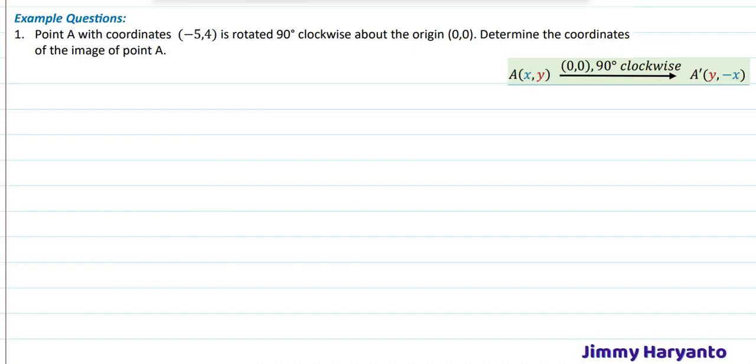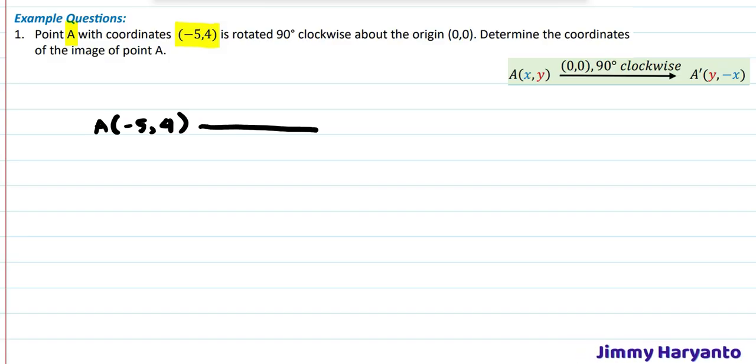Okay, example question 1, the point A is given, the coordinates are negative 5, 4. So let's write it down like this: A open brackets negative 5, 4. This one is the original point, and then it is rotated 90-degree clockwise about the origin 0, 0. So the origin is 0, 0, and then 90-degree clockwise, yeah.